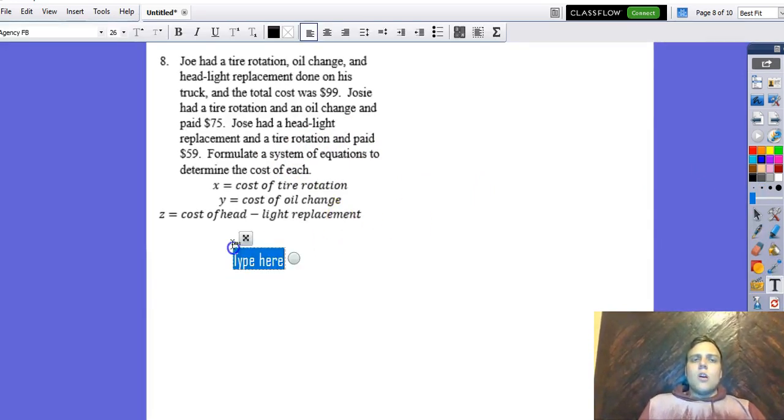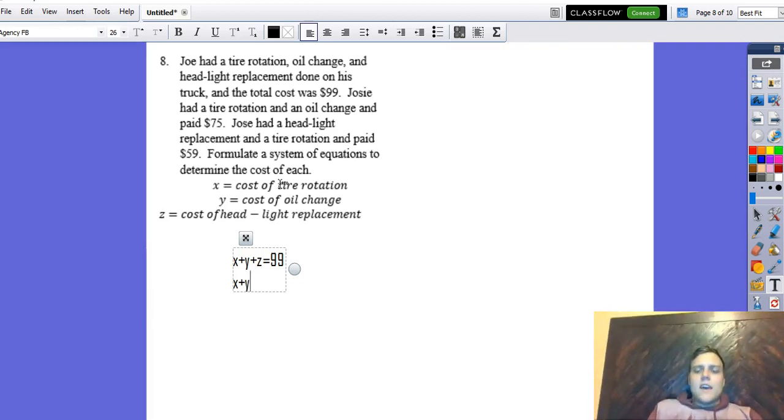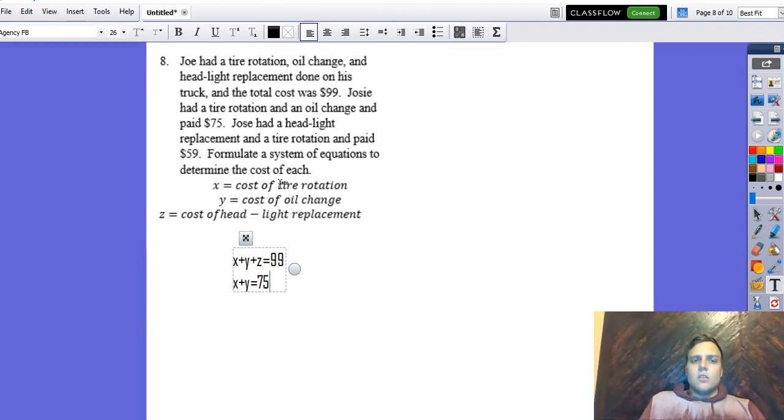Alright, so Joe had 3 things done. It tells me that X is the cost of a tire rotation, Y is the cost of oil change, and Z is the cost of a headlight replacement, and for Joe, that cost him $99. Then, Josie only had a tire rotation, which is X, and an oil change, which is Y, and that cost $75.